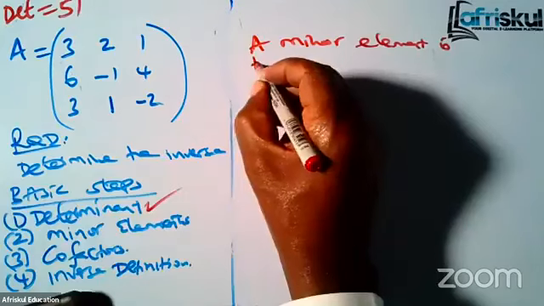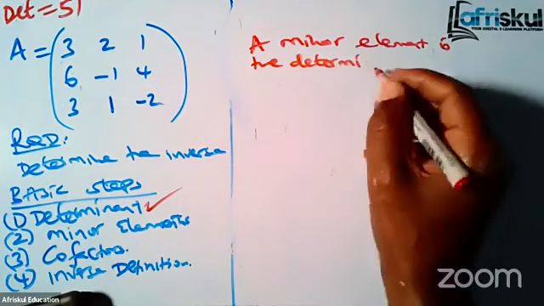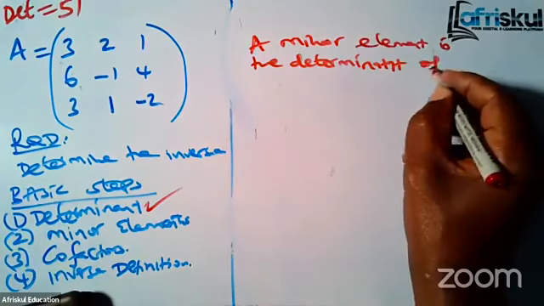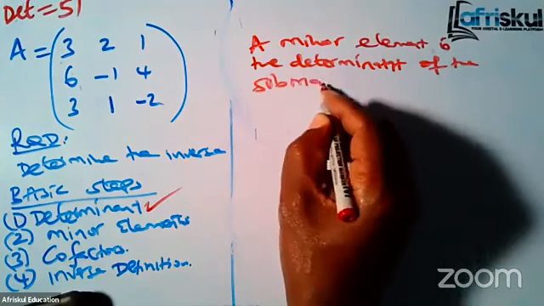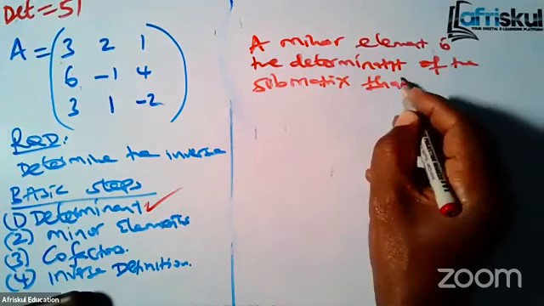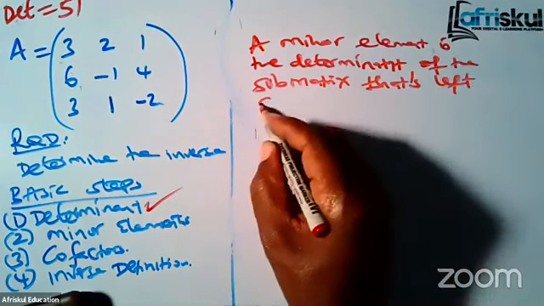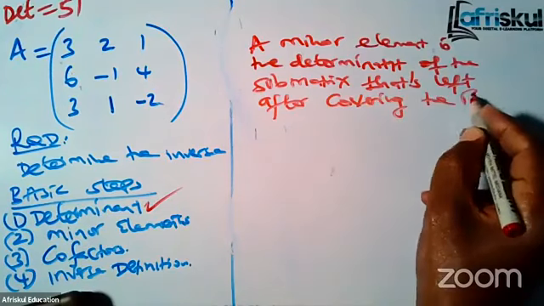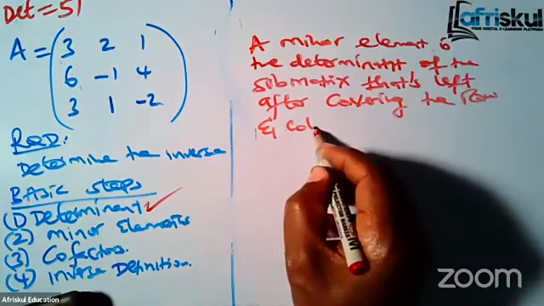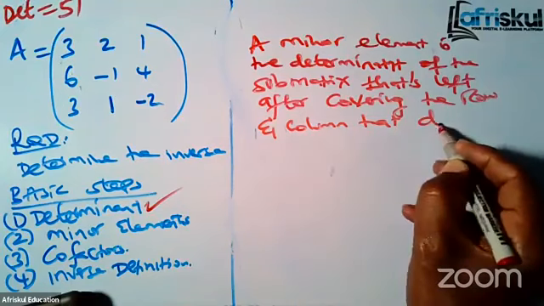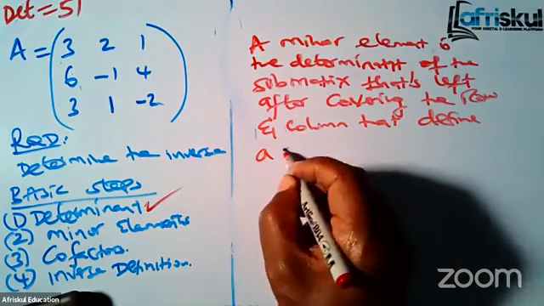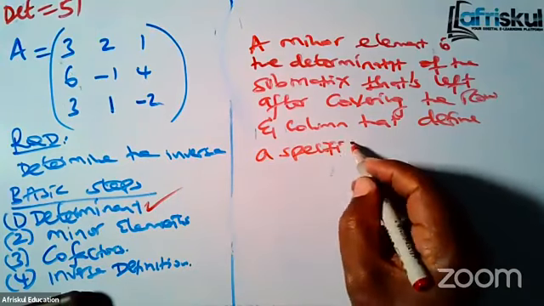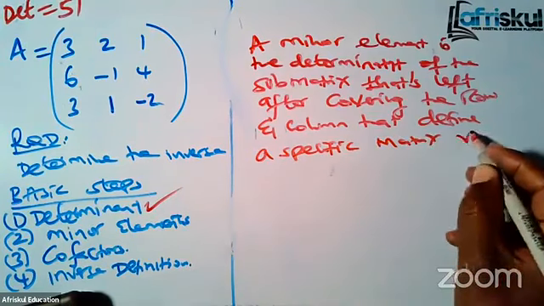How we are writing a minor element is: the determinant of the submatrix that is left after covering the row and column that define a specific matrix value.